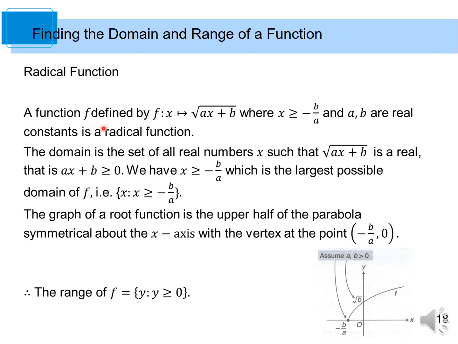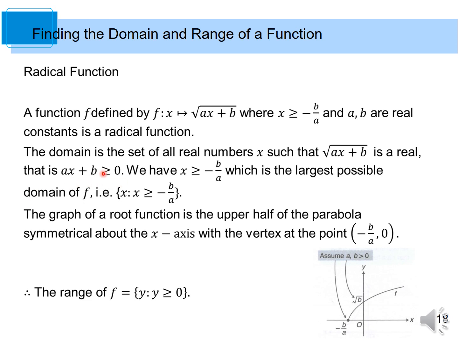A function f defined by f(x) = √(ax + b), where x ≥ −b/a, and a and b are real constants, is a radical function. The domain is the set of all real numbers x such that √(ax + b) is real, that is, ax + b ≥ 0.